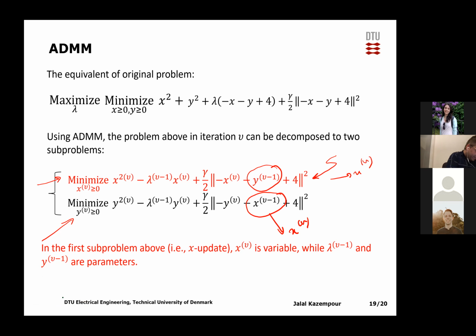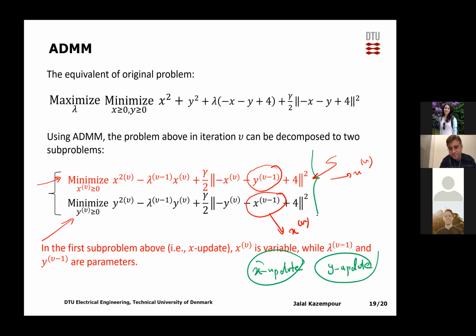That's the point. If I like to solve the x update problem and the y update problem simultaneously in parallel, I need to get their values both from the previous iteration, like here. But if I like to converge faster, it's always better to use the most updated information. Then it means that first I solve the x update given the y value from the previous iteration.